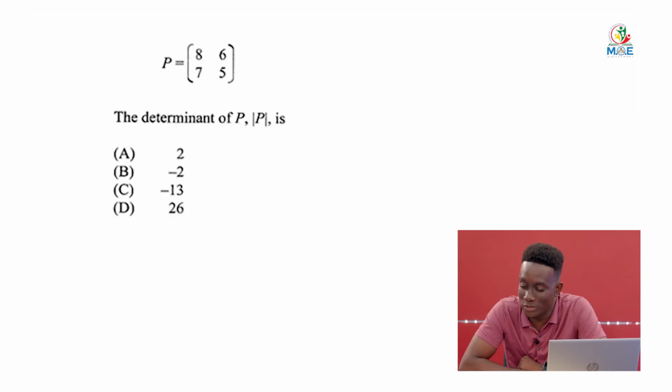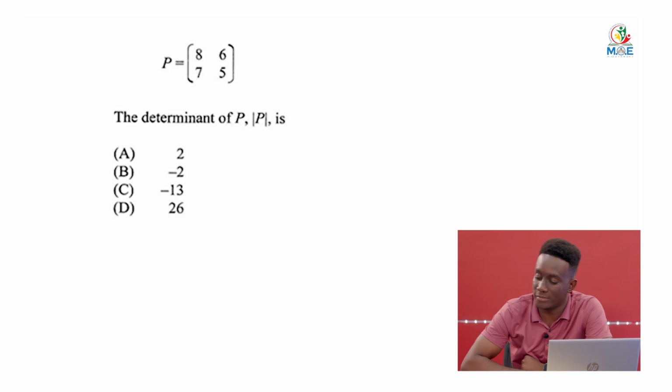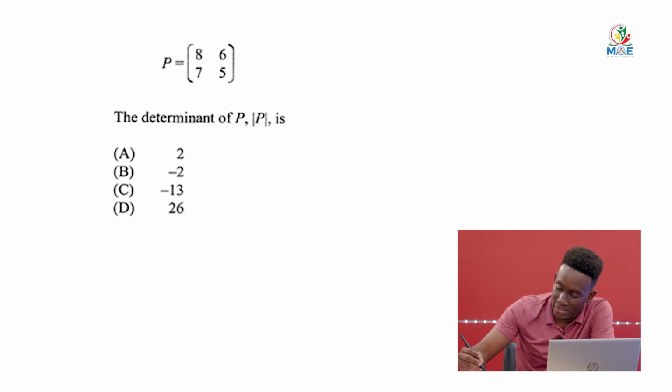So this question says, given that matrix P is equal to 8, 6, 7, 5, the determinant of P is... So we know the determinant, we just multiply the diagonals and we subtract them from each other.